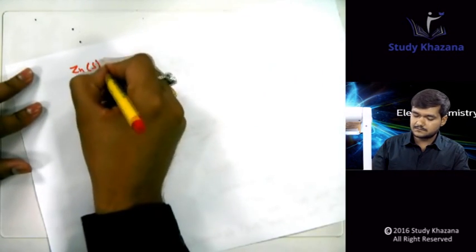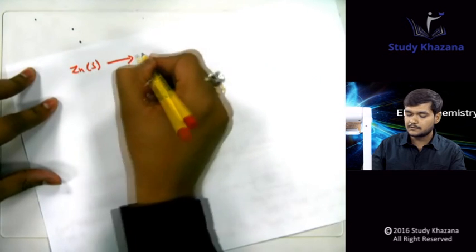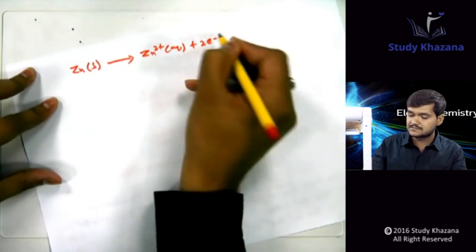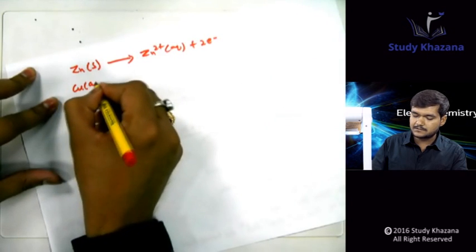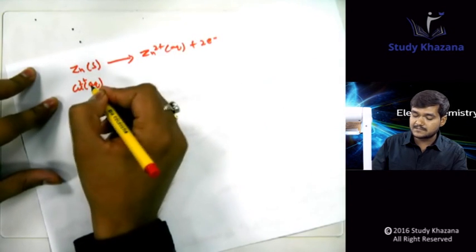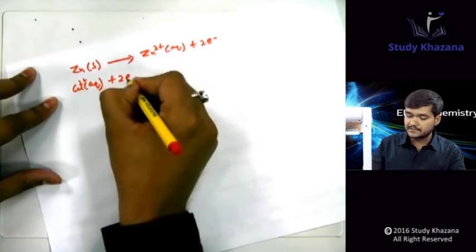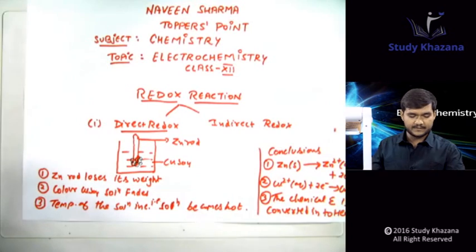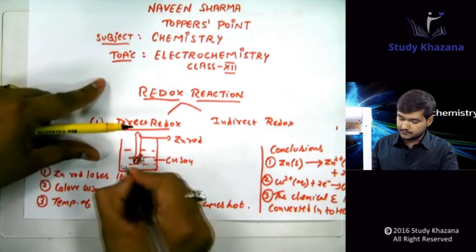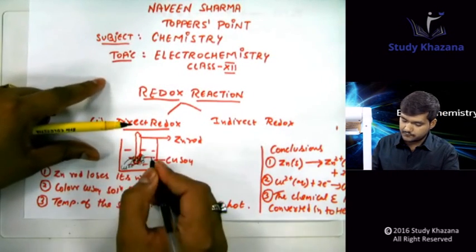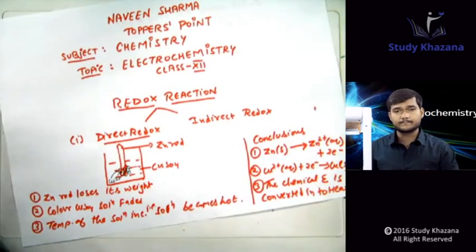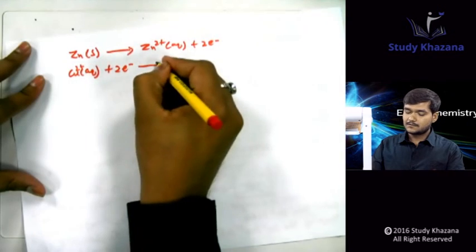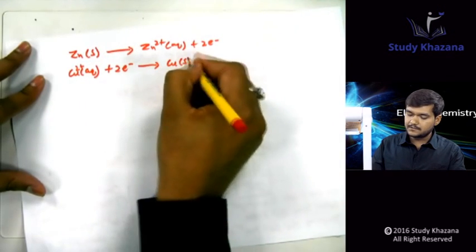Zinc solid from the rod loses 2 electrons to become Zn2+ aqueous, and the Cu2+ aqueous ions from the solution go onto the rod and gain 2 electrons and become copper solid.